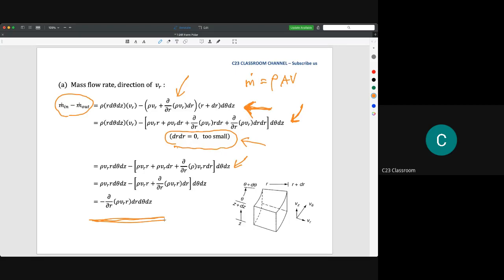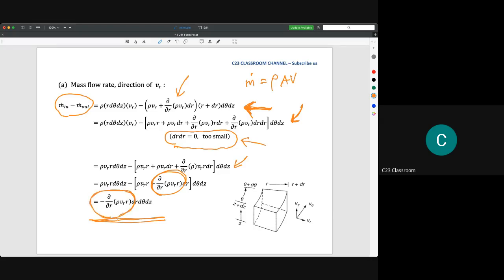If you don't have any idea how to convert this one, you may expand this term first, and then you could say that it can be combined as the partial derivative of this one.